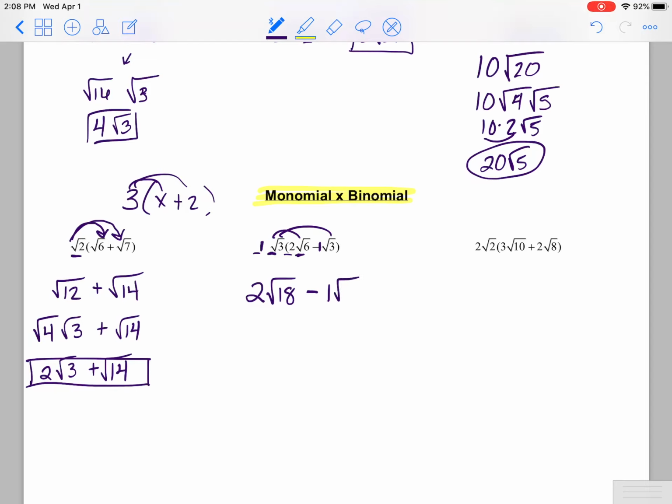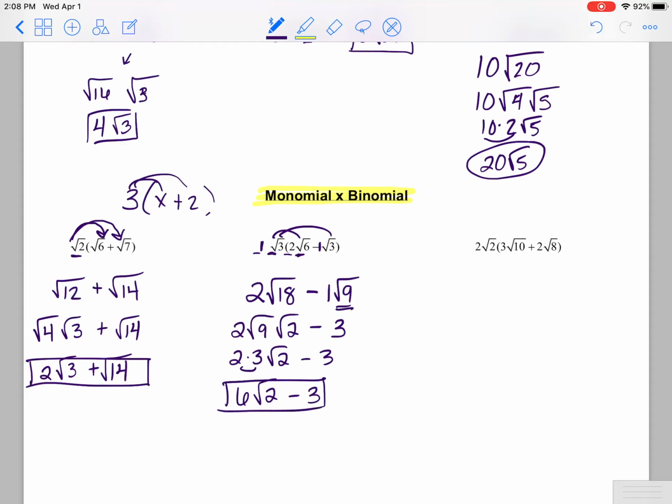Times radical 3 times radical 3 gets me radical 9. Go ahead and simplify. So 2 radical 18 minus, I know what the square root of 9 is, and that's 3. Okay, so 2 times 3, radical 2, minus 3. So my final answer will be 6 radical 2 minus 3.